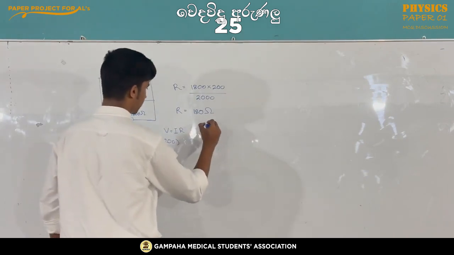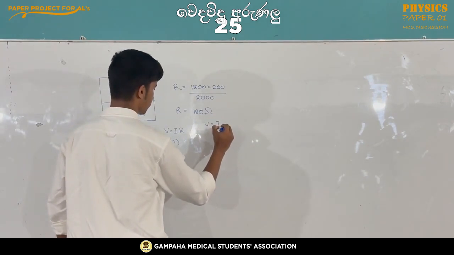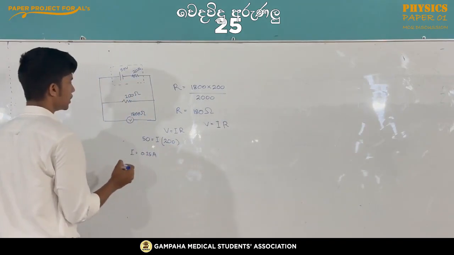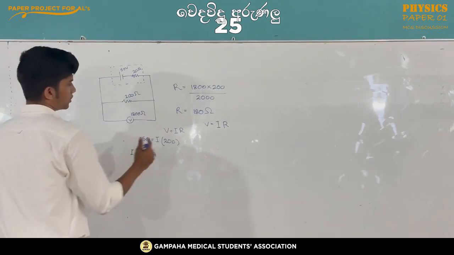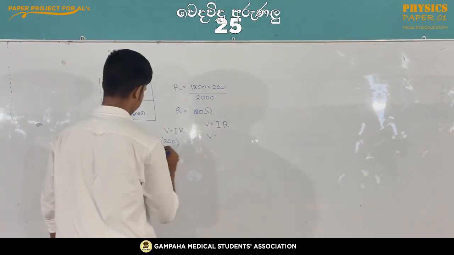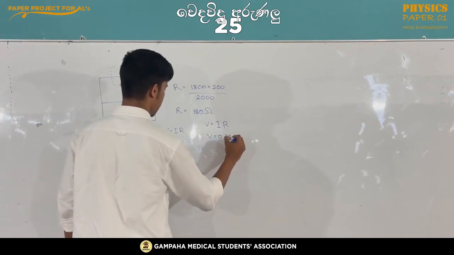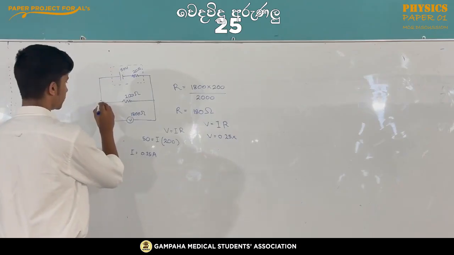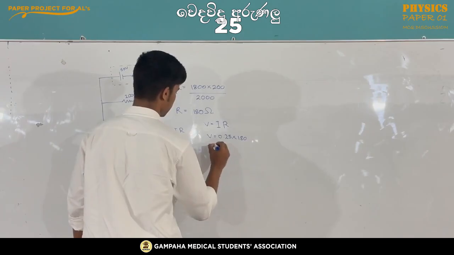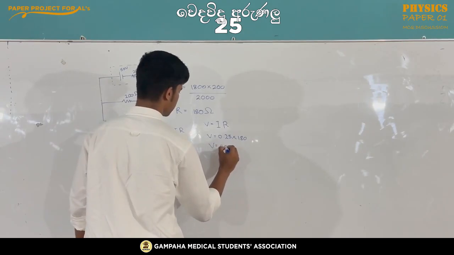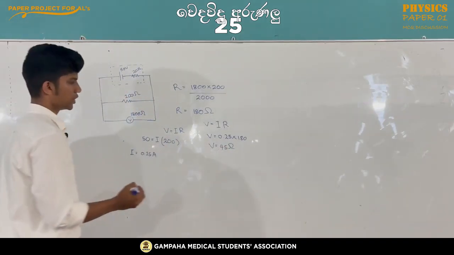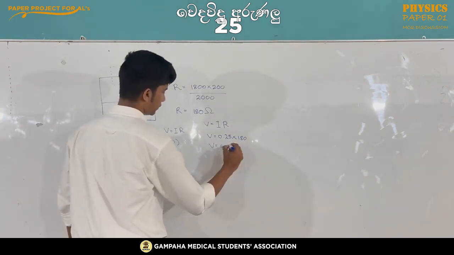For that we can apply V equals IR. We know the current is 0.25 and the equivalent resistance between these two points is 180, which is equal to 45 volts.